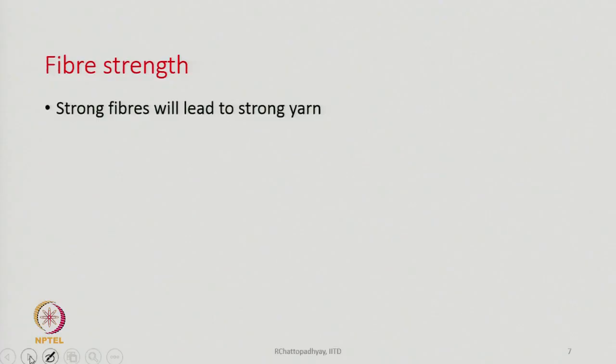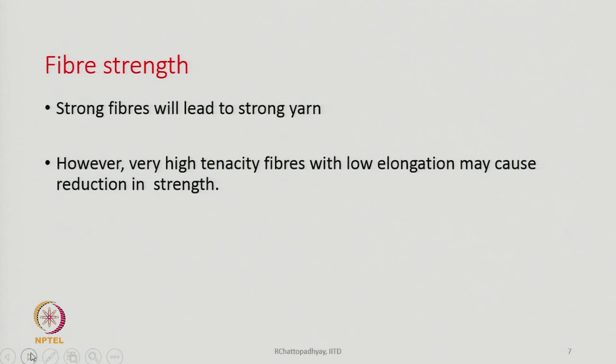Fiber strength: normally strong fibers will lead to strong yarns, which is generally true for all systems of spinning. However, very high tenacity fibers with low elongations may cause a reduction in strength. So, it may happen in this case especially. Very high tenacity fiber and low elongation combination.